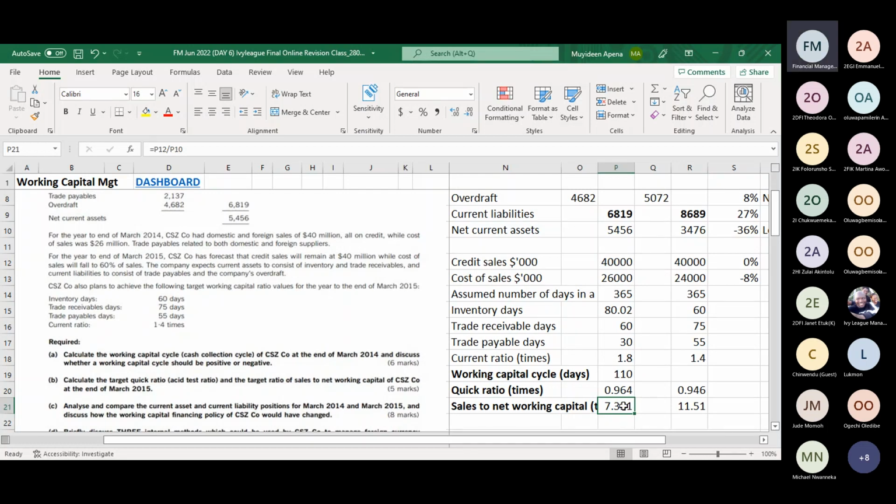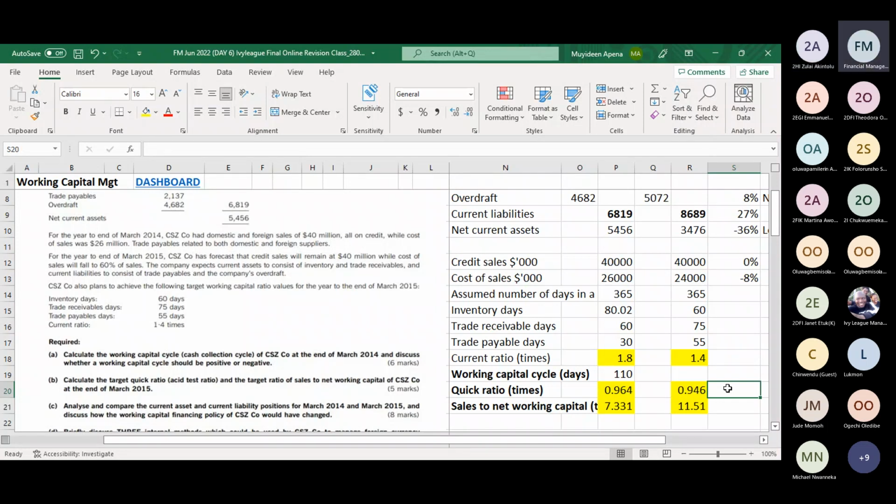So look at all these things we have calculated. Use them to make a point on the policy. What will be your response? In 2014, the company was more conservative, but in 2015, they are more aggressive.